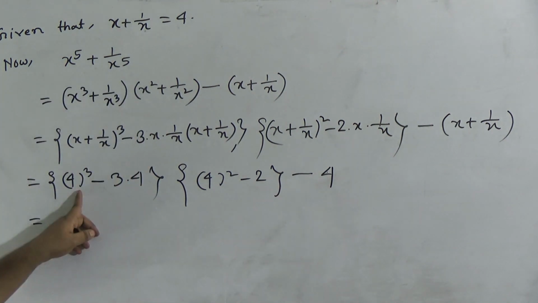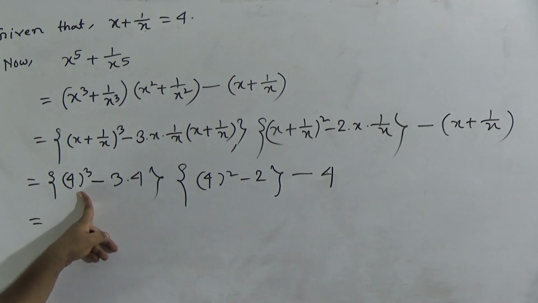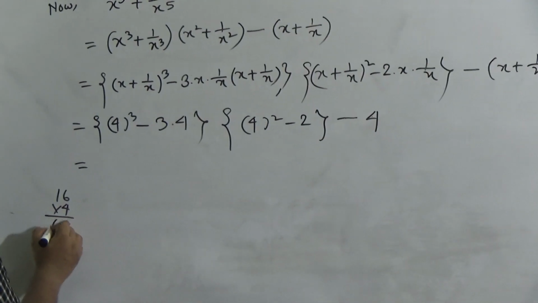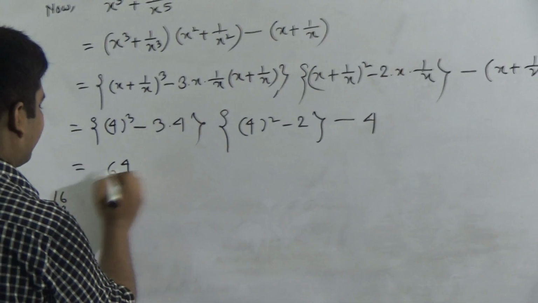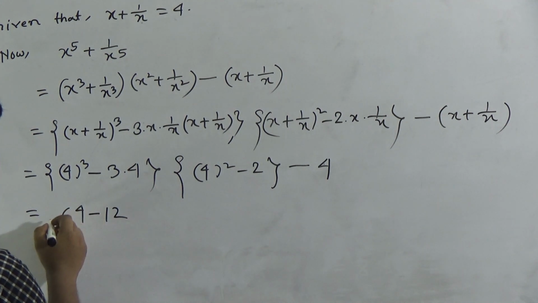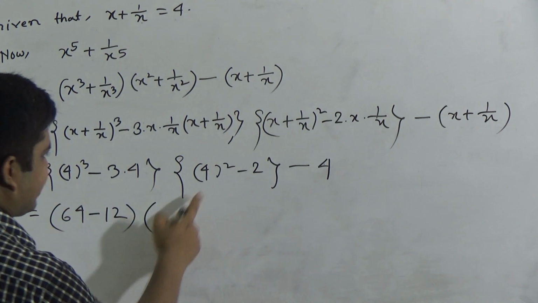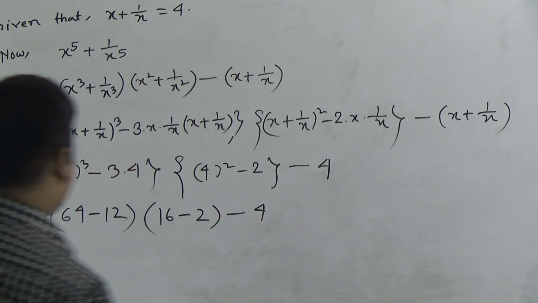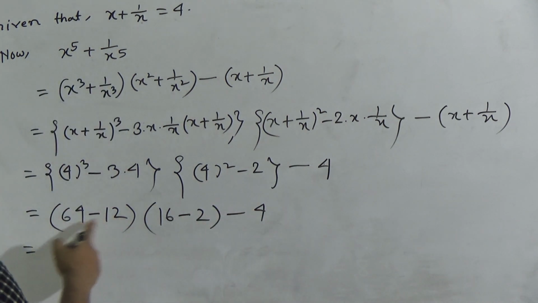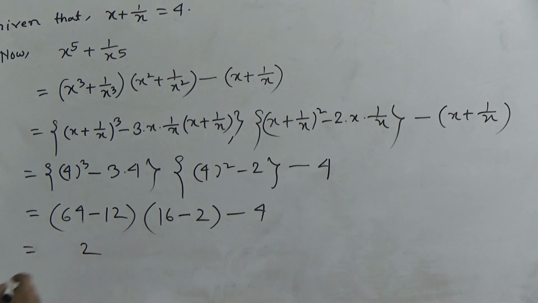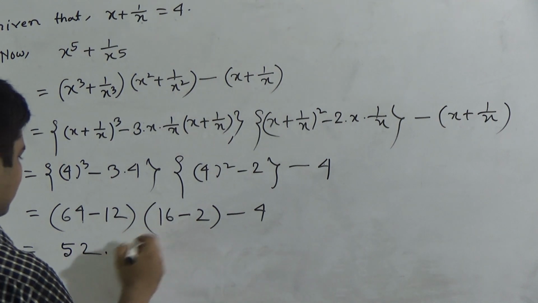Now, 4 fours are 16, 16 fours are 64, then 3 fours are 12. Okay. After that, 4 fours are 16 minus 2 into 4. Now we subtract 2 from 4 we get 2, 1 from 6 we get 5, into 14.